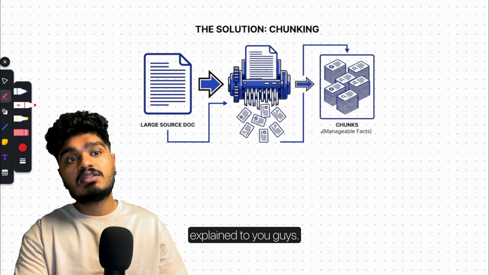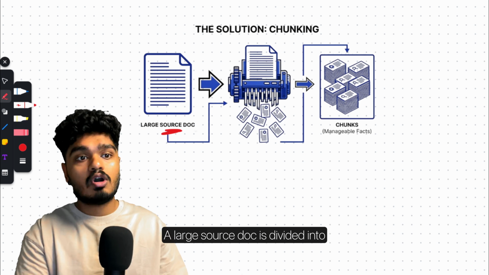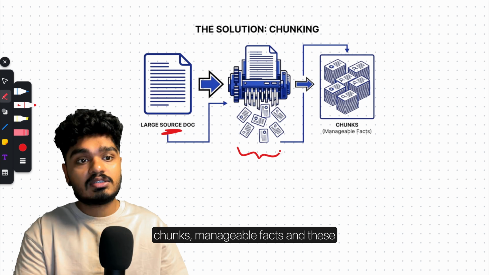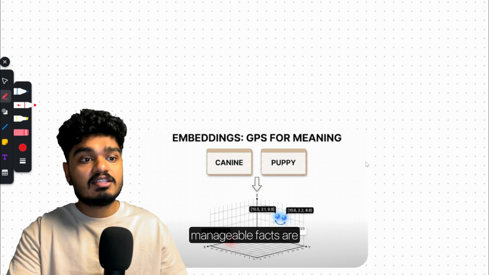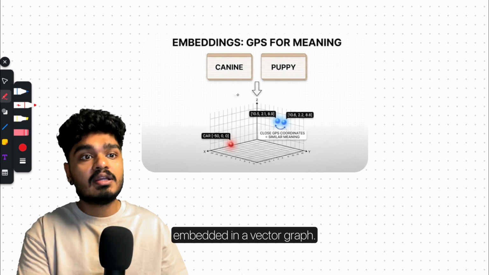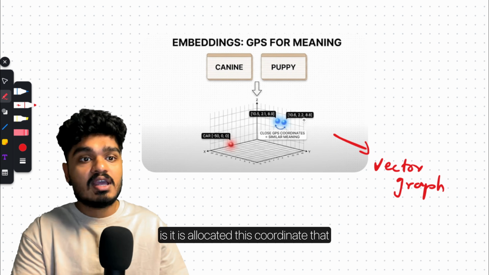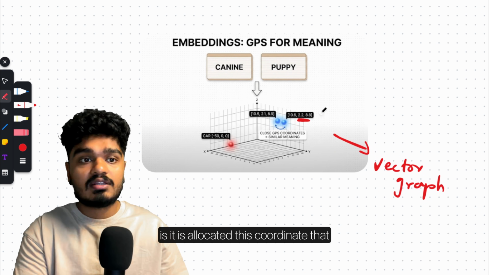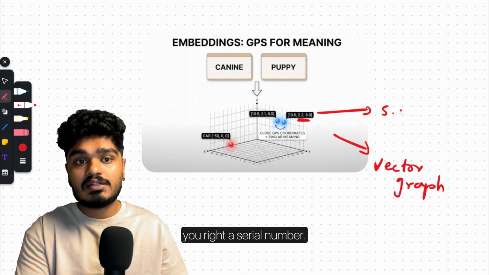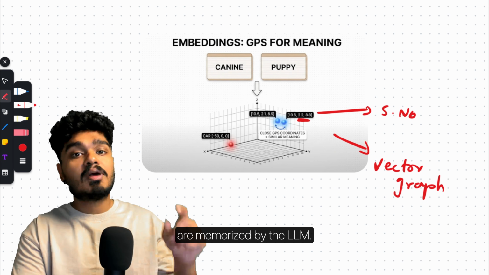So this is what I just explained to you guys. A large source doc is divided into chunks, manageable facts, and these manageable facts are embedded in a vector graph. This is a vector graph. And what happens is it is allocated a coordinate that is actually, like I told you, a serial number. So these coordinates are memorized by the LLM.